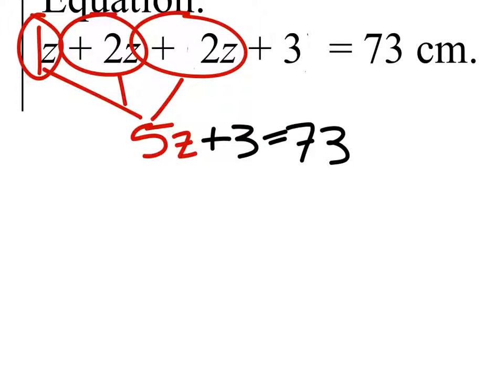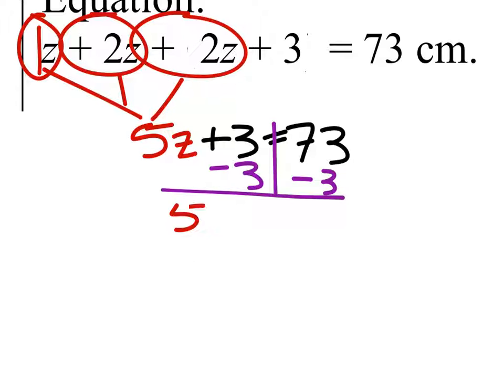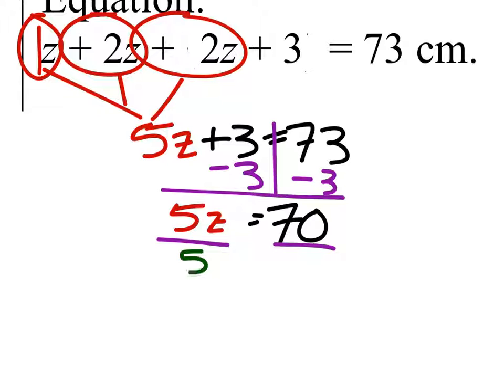Now, we'll subtract 3 from both sides. And we got 5z equals 70 centimeters. And then we'll divide both sides by 5. And we find that z, the length of a side, is 14 centimeters.